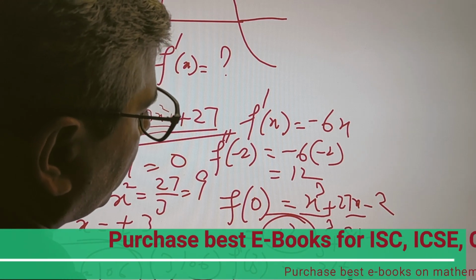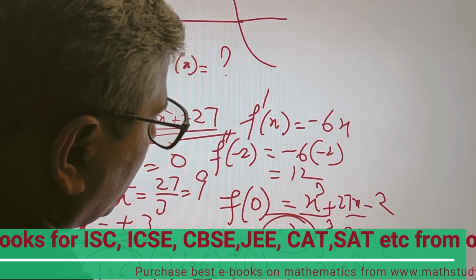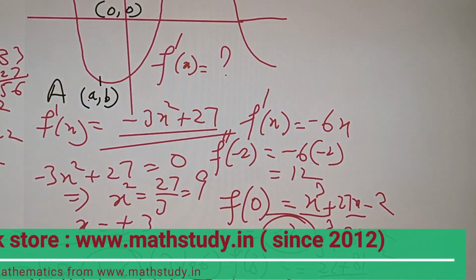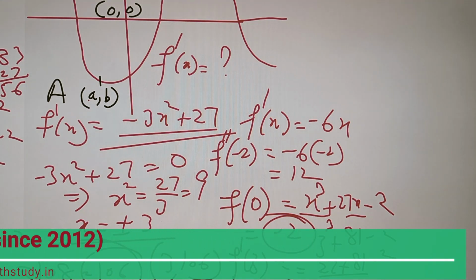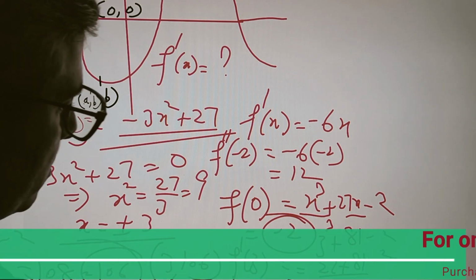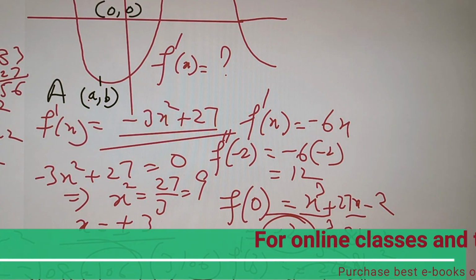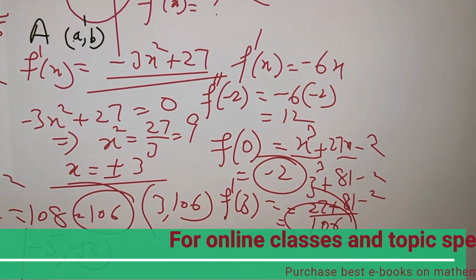So this is 27 plus 81 minus 2, and I think we have found it before as well. So this is 106. So f of 3 we got as 106.